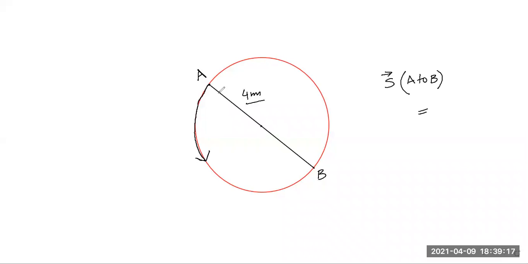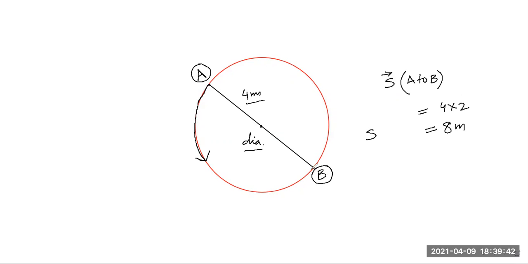So, what is the linear distance between initial position A and final position B? Simply connect A and B. When we connect A and B, then what is this? AB is the diameter of the circle. So his displacement from A to B will be 4 into 2, that is equal to 8 meter.